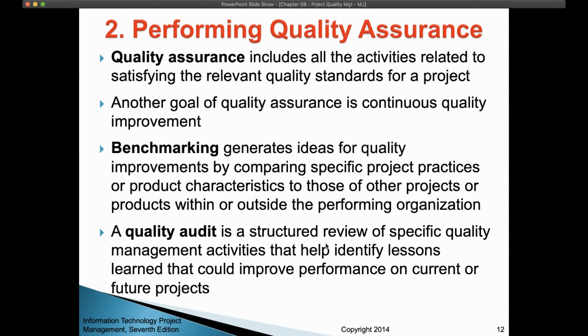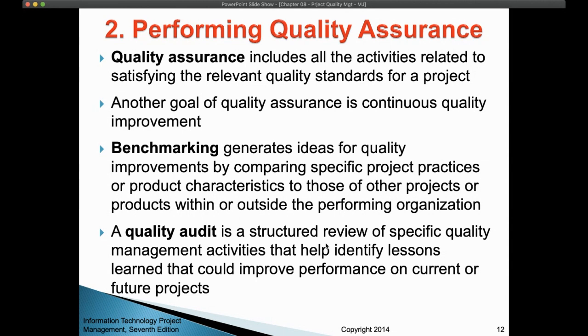It will also help you to improve the quality of your process or your product. So this is kind of like a continuous quality improvement. You always improve the way that you used to produce or do the work, and this will be reflected on the product that you are producing.